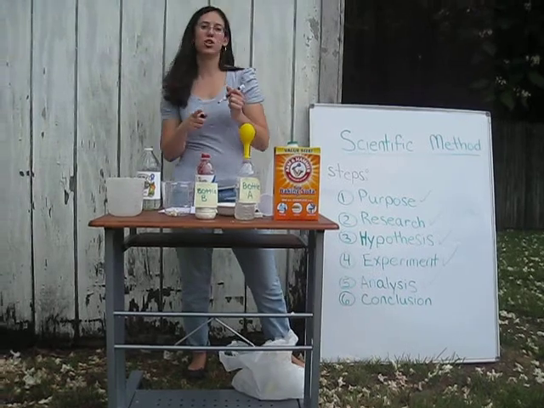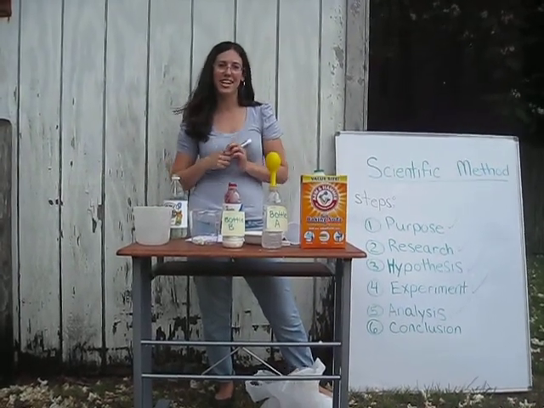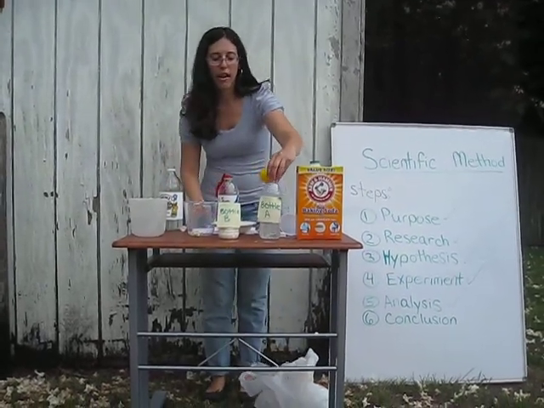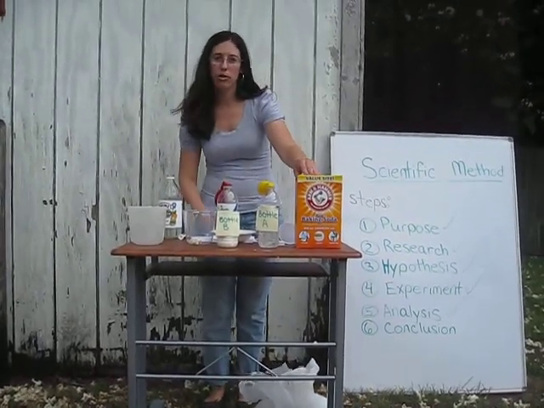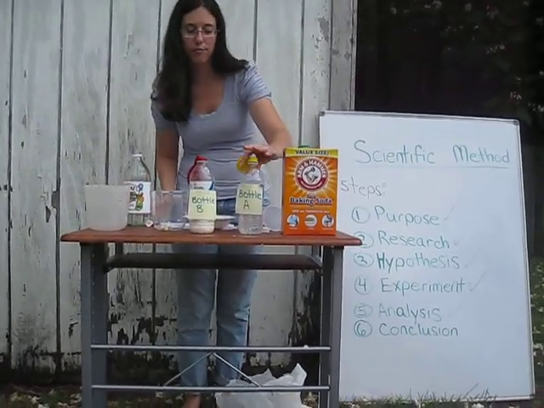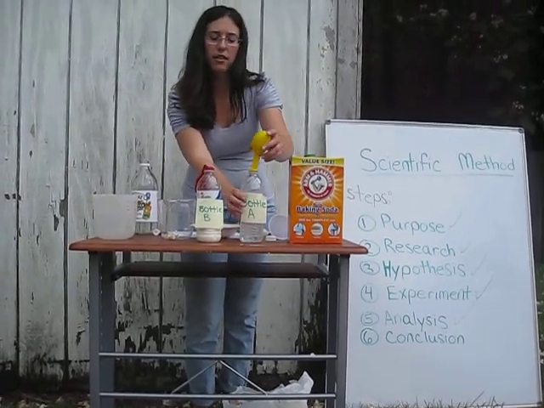Last step is your conclusion. I conclude that my hypothesis is correct. I predicted that in water bottle A, there will be a chemical reaction when you mix vinegar and baking soda together. So my prediction was correct.